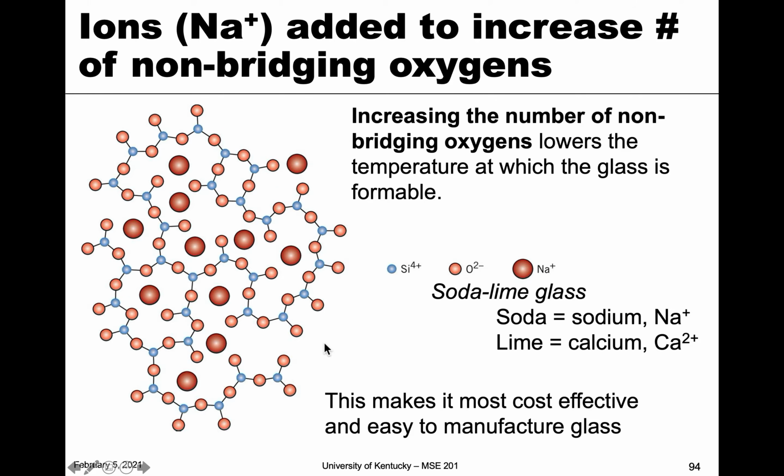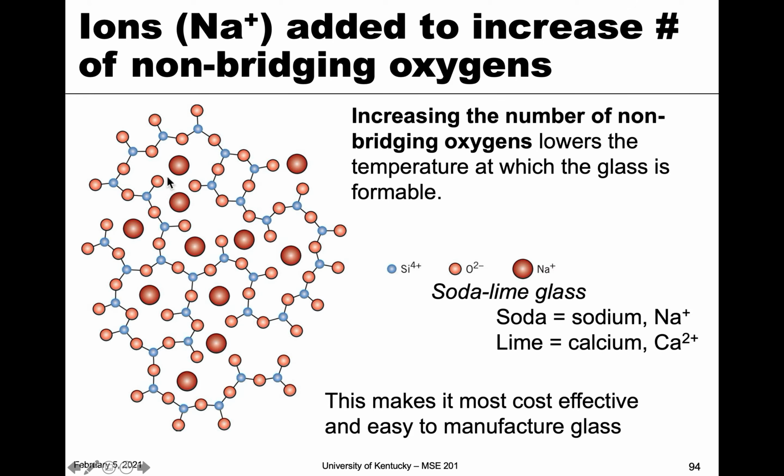However, we typically add things to make it more disruptive and likely to form into these amorphous or non ordered structures. And so things that we can add, like sodium, can be added. And so you see here the sodium, the red, slightly larger spheres, are free ions.